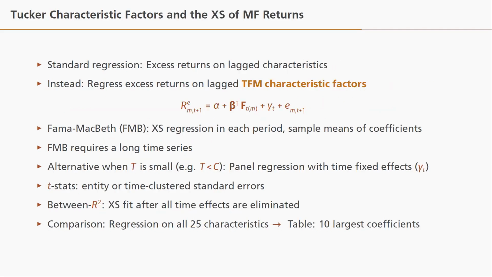The first thing I do is regress excess returns. Typically we regress excess returns on lagged characteristics, but instead of the lagged characteristics, now I use my factors that come out of the tensor model. When you say excess returns, are these in excess of the risk-free rate, or active returns relative to the stated benchmark? I'll come back to it later on.